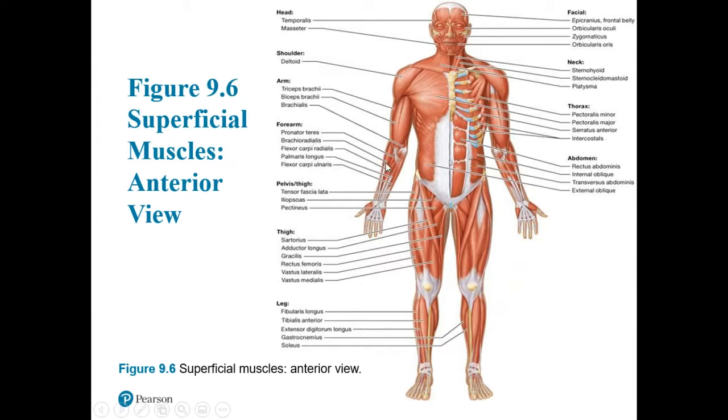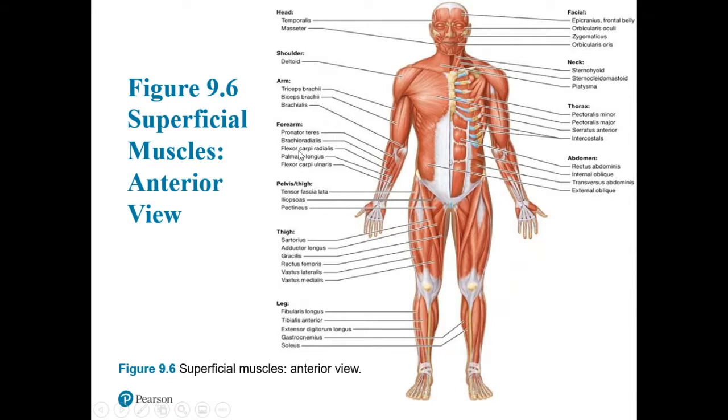Brachioradialis, it's located right here on the external lateral end of the forearm. That one originates on the distal end of the humerus, and then it inserts again onto the carpal wrist bones, slash the phalanges, if you will, so that you can move your hand. But it's not only involved in that, it's also involved in the flexion of your forearm.